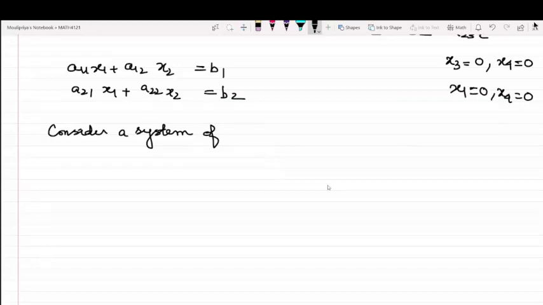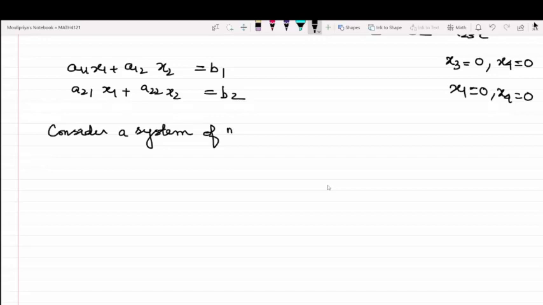Am I right? Once you were in first year you had your offline classes. So tell me, what is meant by rank of a matrix?